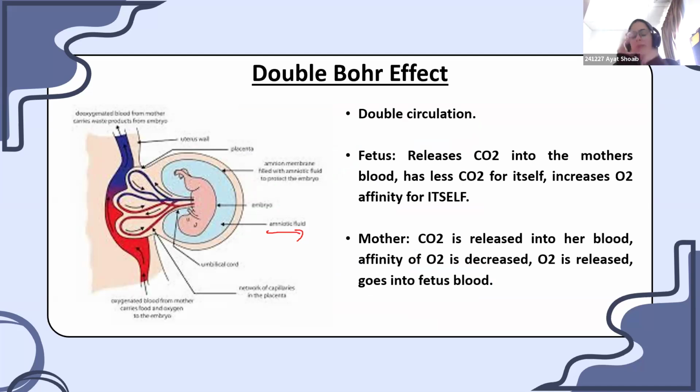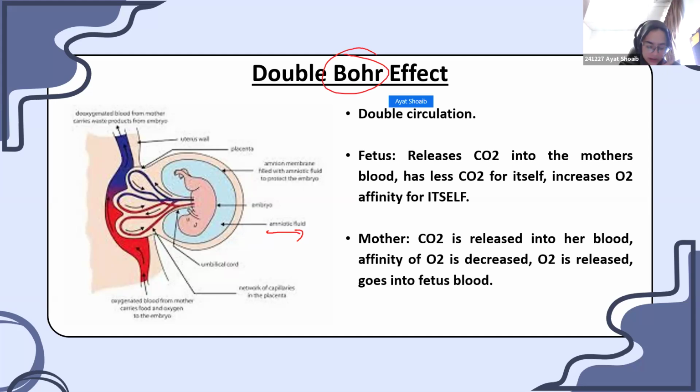So, double Bohr effect or double circulation. Double circulation is basically two different circulations, and this usually happens in pregnant females. So you have the fetus circulation and you have a separate mother circulation. So what happened? Double Bohr effect.